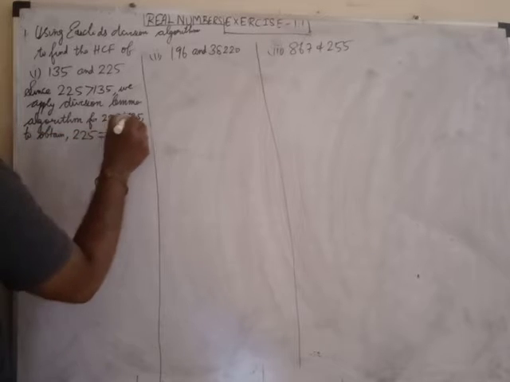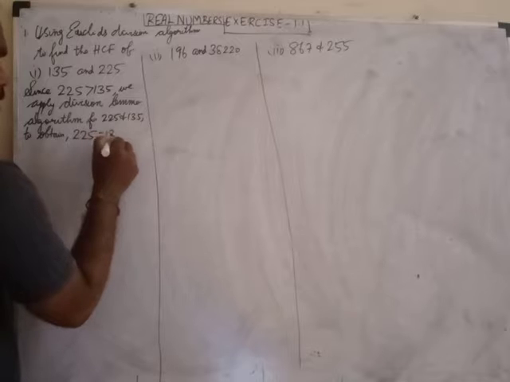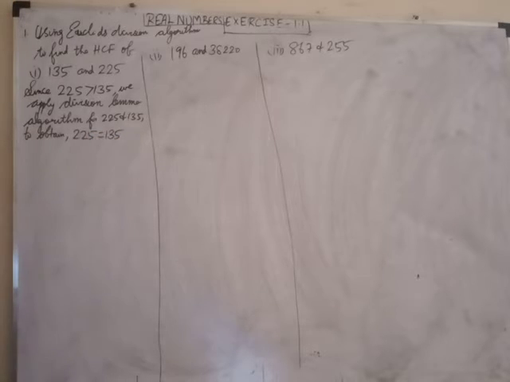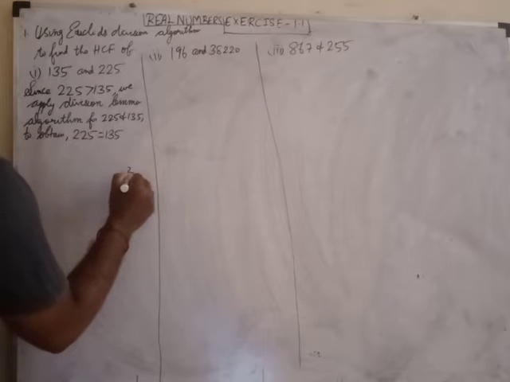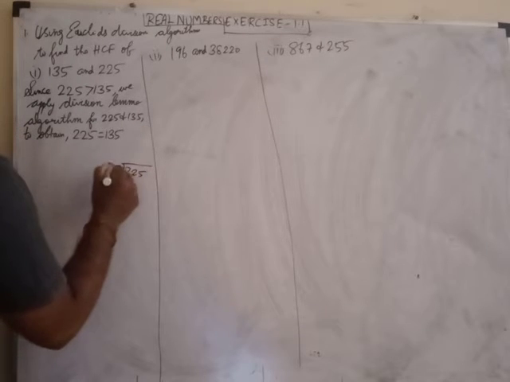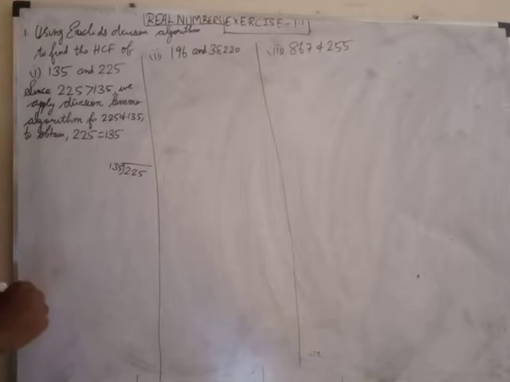225 equals what? 135 times something. Correct? So how are we going to make the remainder 0? For that, 225 divided by 135, how much will it come?